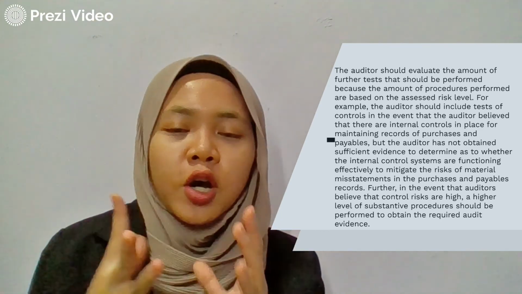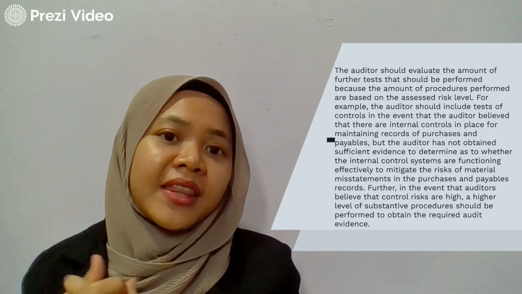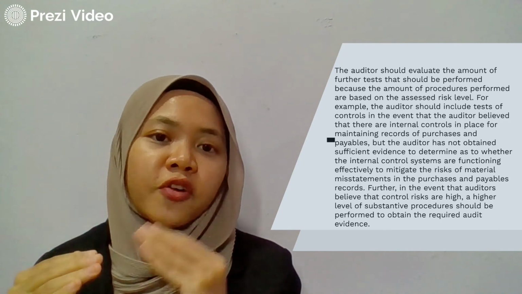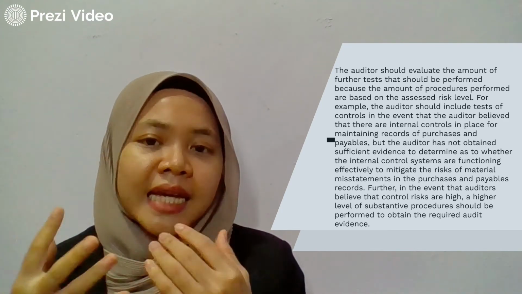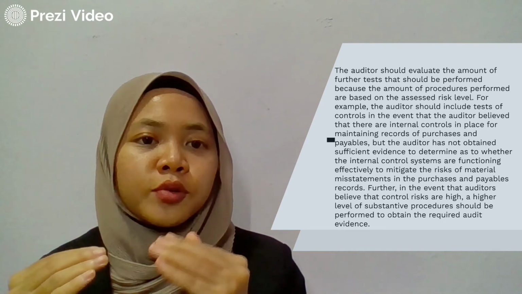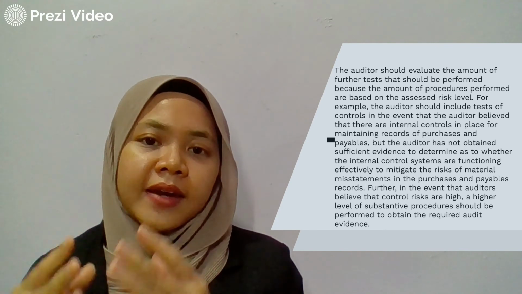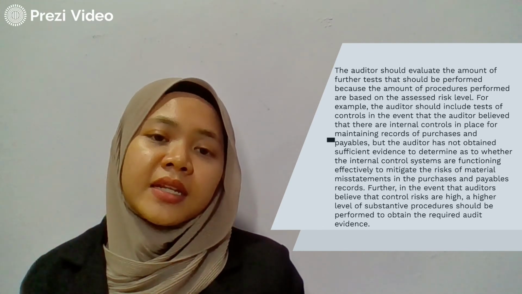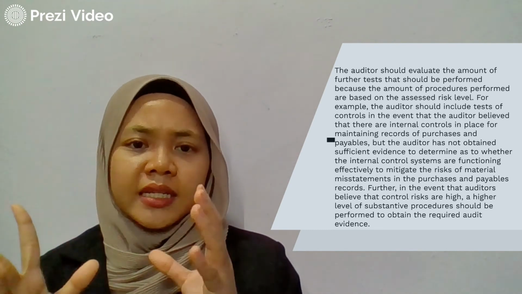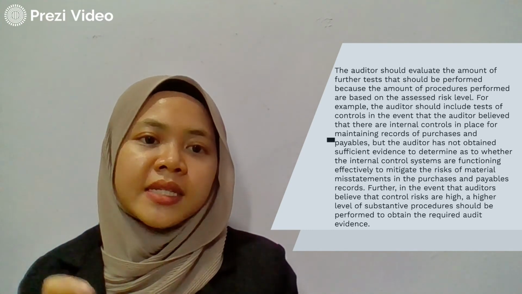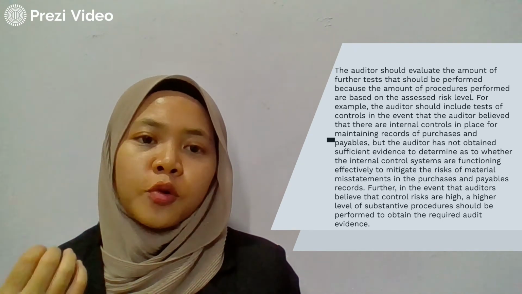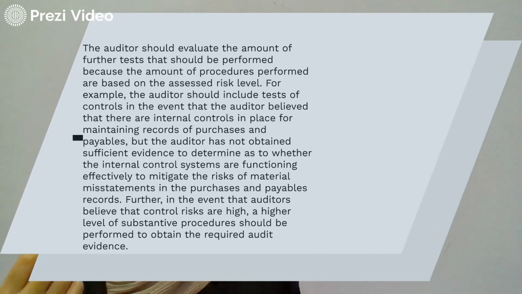For example, the auditor should include tests of controls in the event that the auditor believes that there are internal controls in place for maintaining records of purchases and payables, but has not obtained sufficient evidence to determine whether the internal control system is functioning effectively to mitigate the risk of material misstatements in the purchases and payables records. Further, in the event that auditors believe that control risks are high, a higher level of substantive procedures should be performed to obtain the required audit evidence.